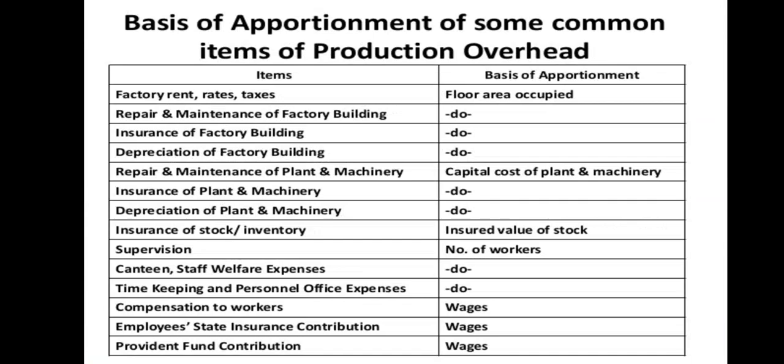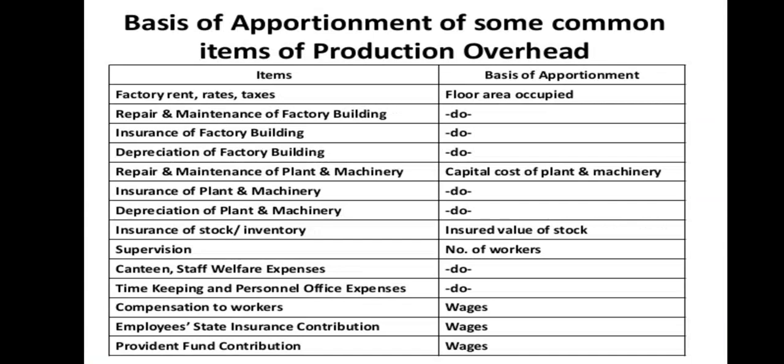Another one: repair and maintenance of plant and machinery. Please observe very clearly, apportionment should be based on capital cost of plant and machinery. So overall cost of plant and machinery should be taken.